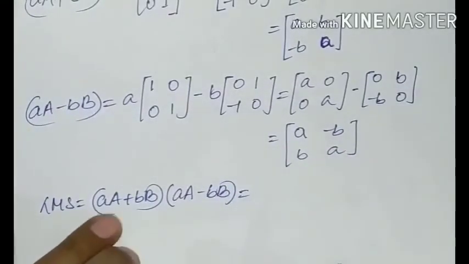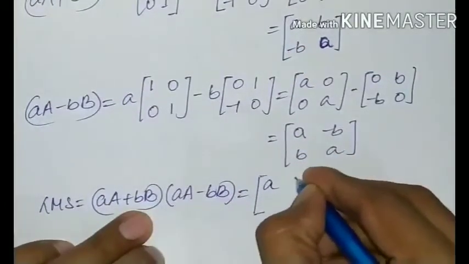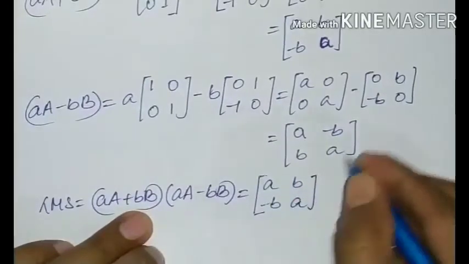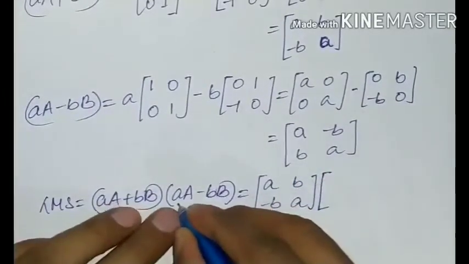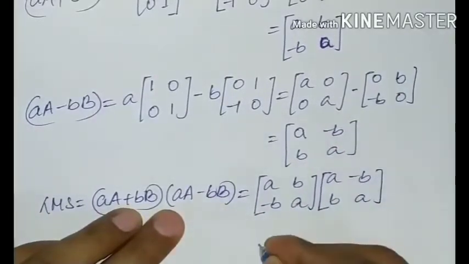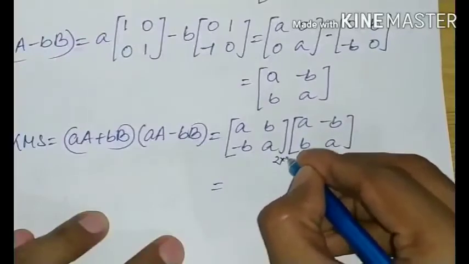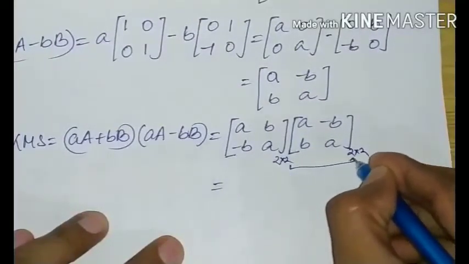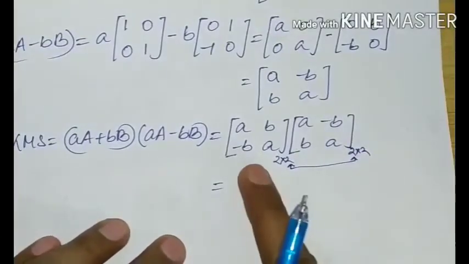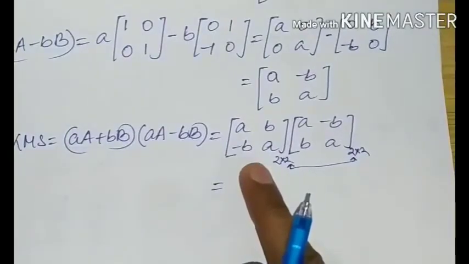I'm going to put the value of aA plus bB, that is this one, which is a 2 by 2 matrix, [a b; -b a], and again into aA minus bB, that is [a -b; b a], and their multiplication is possible because this is a 2 by 2 matrix, this is also a 2 by 2 matrix, and the columns of the pre-multiplier matrix are equal to the rows of the post-multiplier matrix. That's why their product is possible.